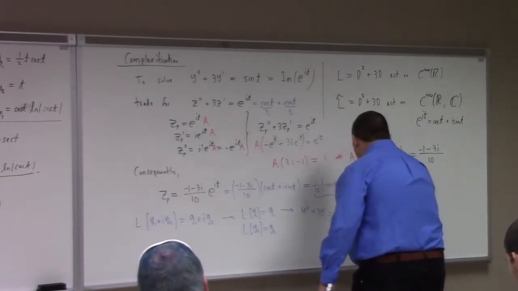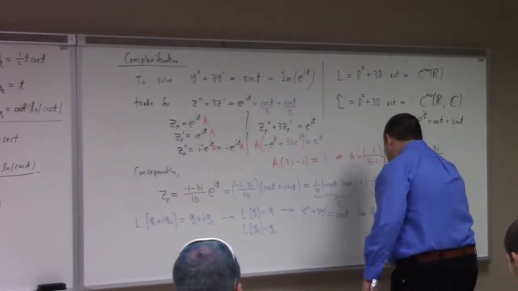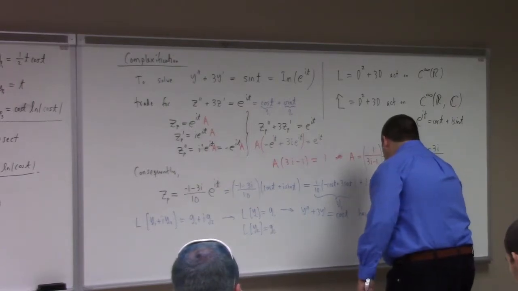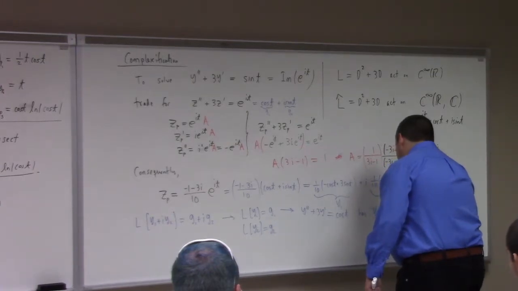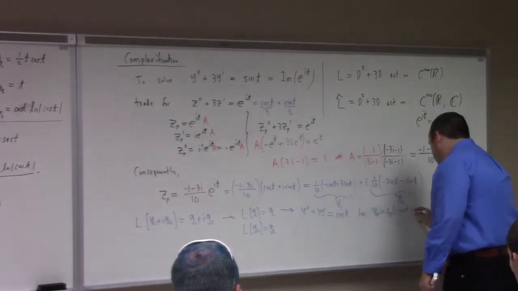has a particular solution yp of 1/10 (-cos t + 3 sin t).